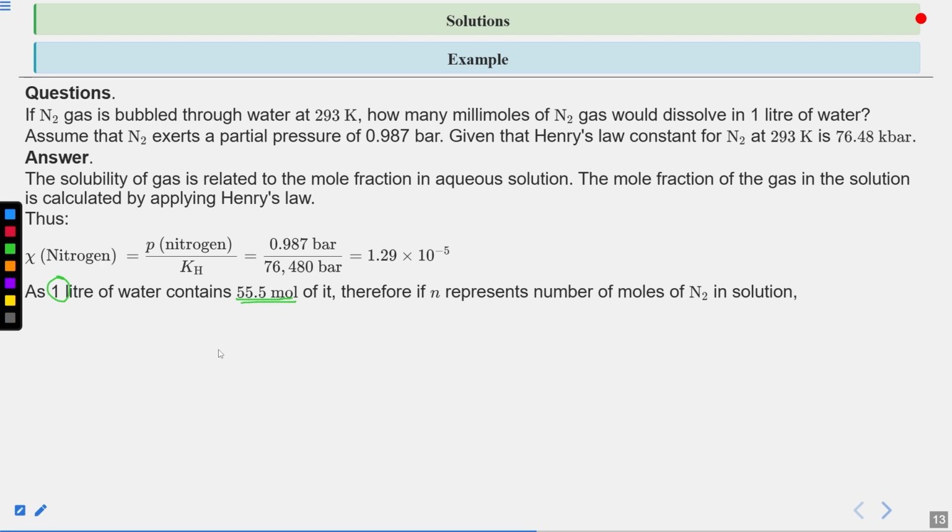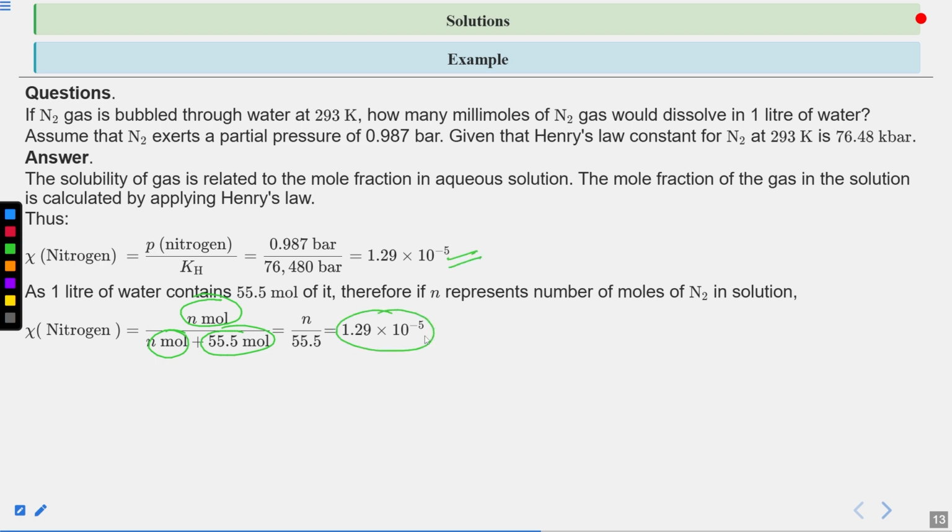It's very easy. So if n represents the number of moles of N2 in solution, then we can say that n mole of the solute by n mole plus 55.5 mole of water is equal to 1.29 into 10 to the power minus 5, which is our mole fraction.